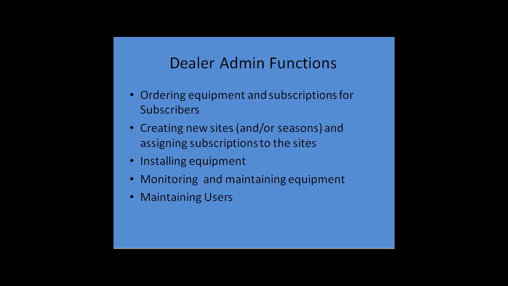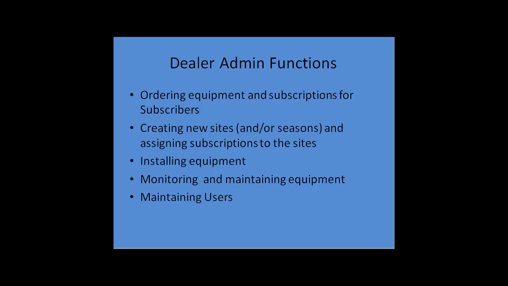As a dealer, you are responsible for setting up your customers, their equipment, and defining the seasons for the sites to be tracked by AgSpy. There are several different administrative functions involved in accomplishing this, as shown here. Your first step would be to place an order for equipment and subscriptions needed for your customers. Next, you will create the various sites to be tracked for your customers and assign a subscription to those sites.